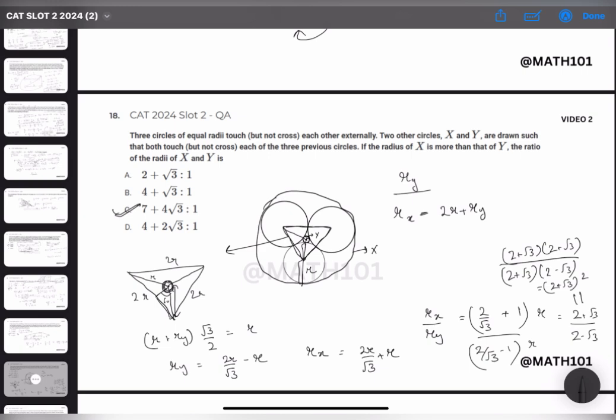And as the smaller circle y is tangent to the three original circles, the center distance from the vertices would be the radius of y plus the radius of the circle r. So this is the hypotenuse of this triangle, and this angle is 60 degrees. So sin 60 degrees would be r over this, this perpendicular. So we get ry, and this we get.